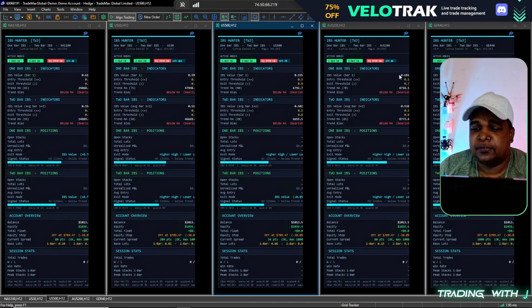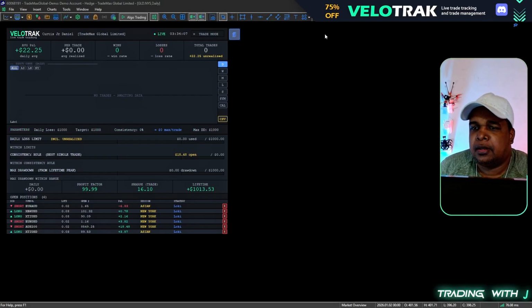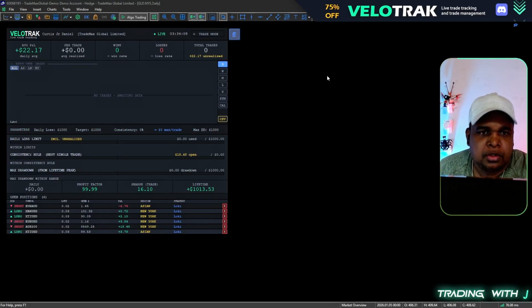So what I'll be using to monitor everything, apart from having the MyFX book, I build this tool called VeloTrak. So what this does, it pulls all the data directly from the broker and it has it displayed right here in MetaTrader 5. Now I could trade from this if I want to.